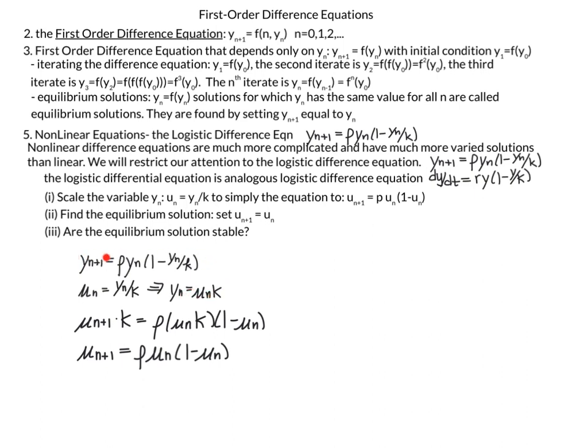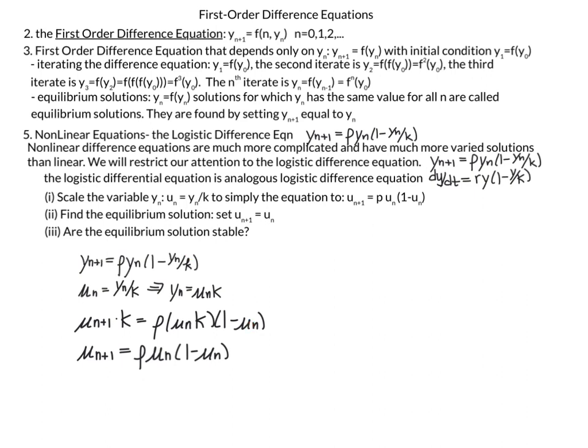So plugging into here, I'm going to have mu_{n+1} times K. Remember, because now if I want y_{n+1}, I have to have my mu_{n+1} times K. I have to multiply by K, is equal to rho, and then plugging in for y_n, I have mu_n times K times 1 minus, and here I can just plug in mu_n.